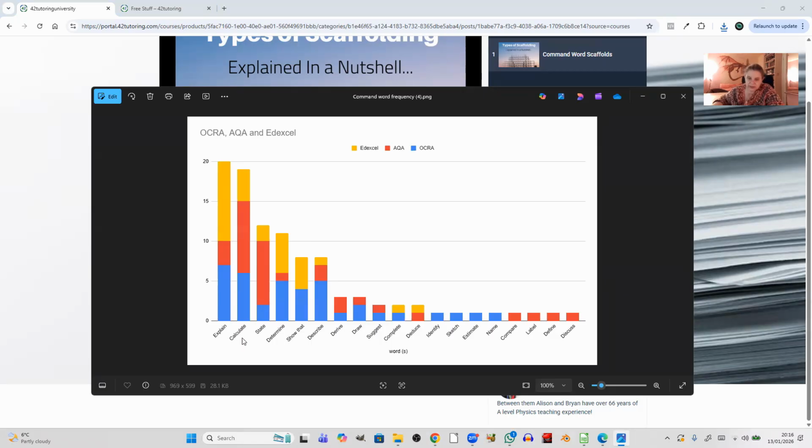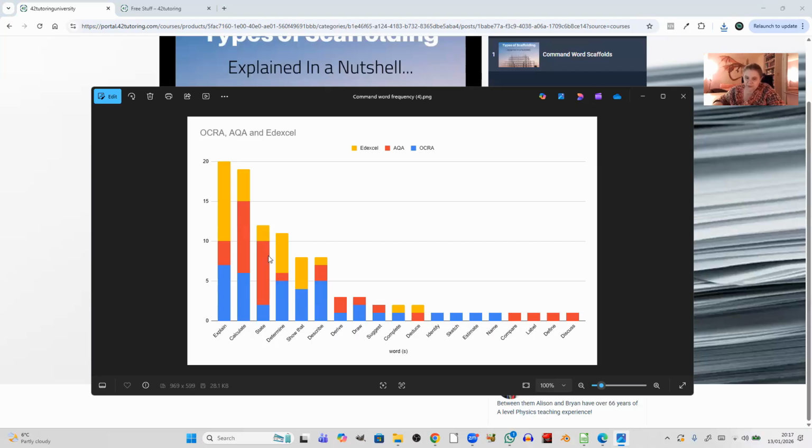In fact, calculate, if you include all of the calculate derivative words, calculate, determine, show that, deduce, those ones together are the biggest category. So calculate, unsurprisingly, is the thing that you have to do most often in A-level physics. Then after that, the next most common command word is explain.